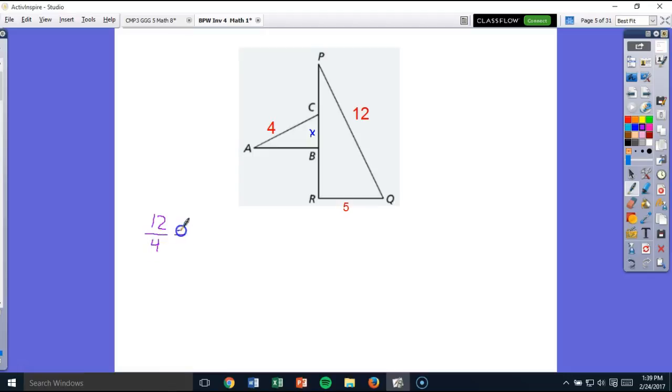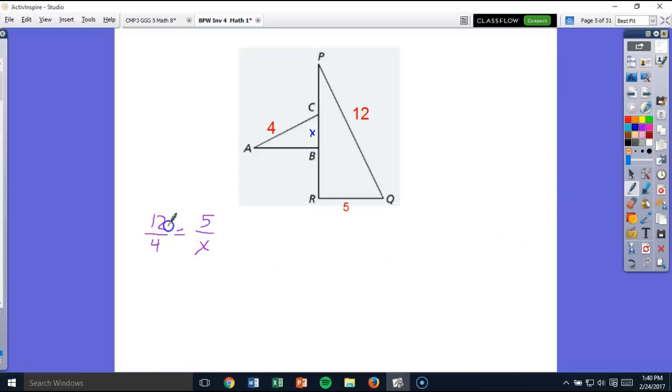And we want to know what the length of side X is. Well, BC is the same type of length as, or same side as RQ, or QR if you want to go that direction. And so if we know that QR is 5, okay, then we're trying to find X. Well, the way we do this is we go ahead and cross multiply.